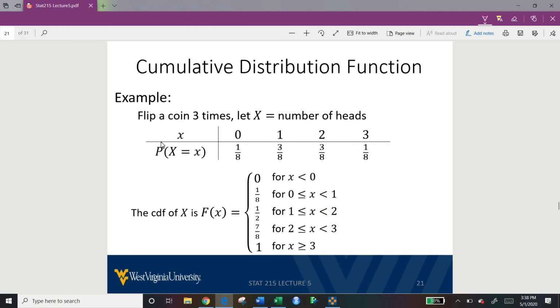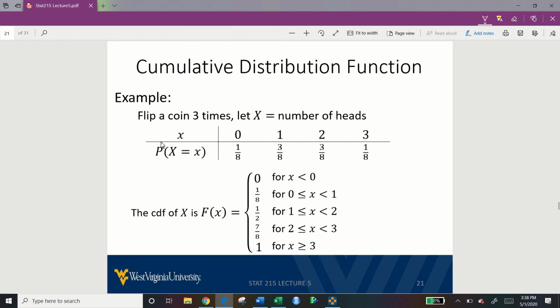The CDF of x is our capital F of x equals 0 for x being less than 0. Remember, we don't have the option of having less than 0 heads. That's not possible. Your cumulative distribution functions are almost always going to start with 0.